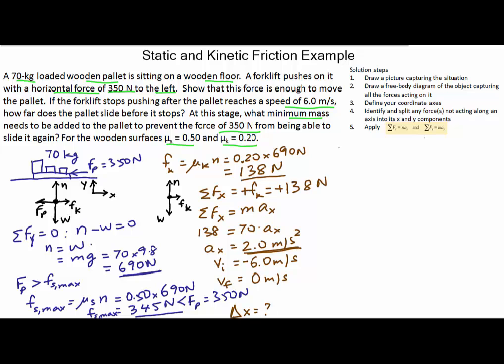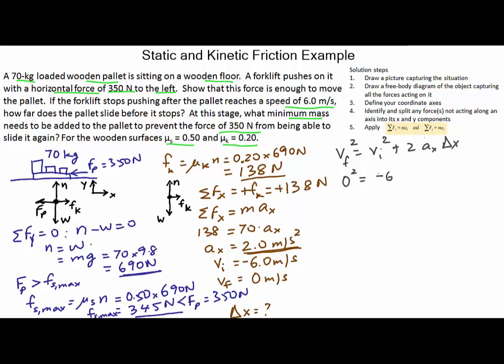And we know the equation that ties VF, VI, A, and delta x. If you remember, that is VF squared equals VI squared plus 2 times AX times delta x. So now I can put these values in. VF squared is simply 0 squared.